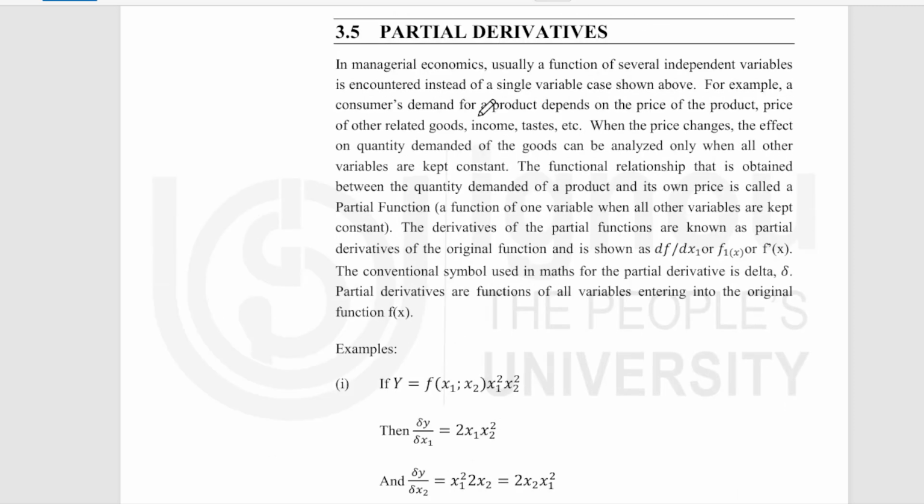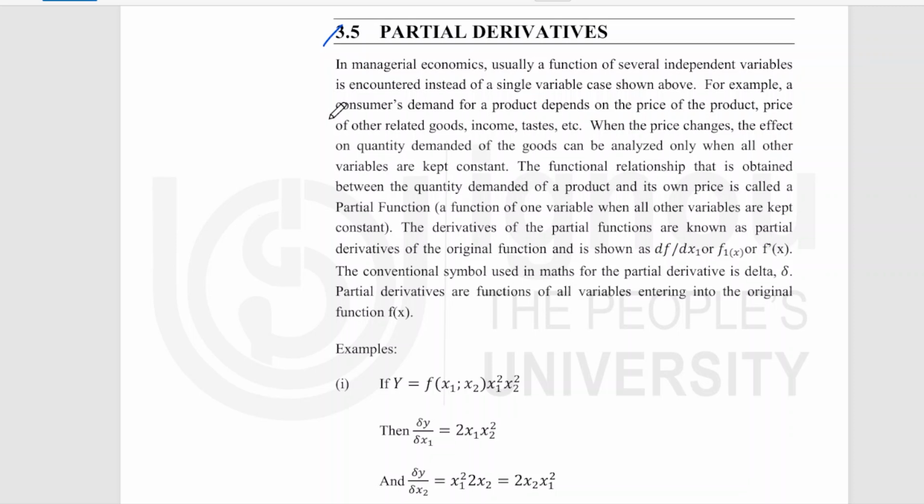Next is partial derivatives. What are partial derivatives? In managerial economics, usually a function of several independent variables is encountered instead of a single variable, as shown above. For example, a consumer's demand for a product depends on the price of the product, the price of other related goods, income, taste, etc. When the price changes, the effect on quantity demanded can be analyzed only when all other variables are kept constant.